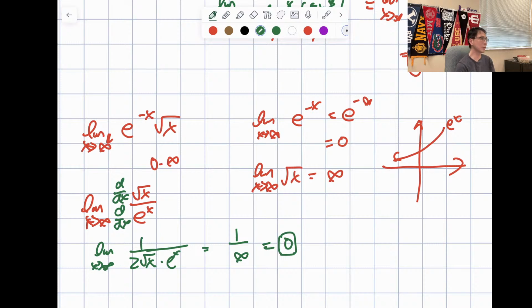You just convert from one indeterminate form to the other, and the main goal is to get to either 0 over 0 or infinity over infinity. That's why AB only focuses on those, because that's the most essential one people have to convert to. If it's not there, you have to convert to it in order to use L'Hopital rule, because L'Hopital rule says it has to be a fraction.